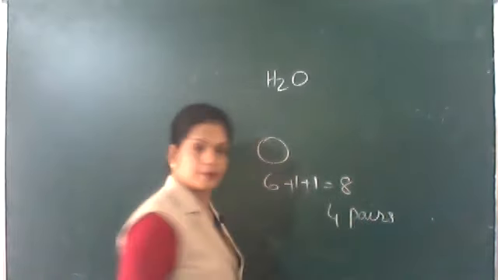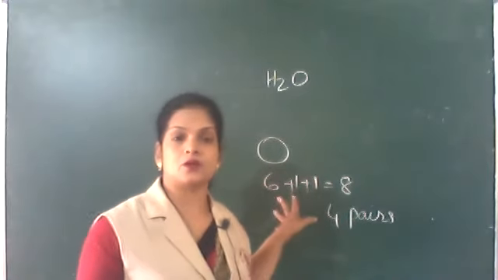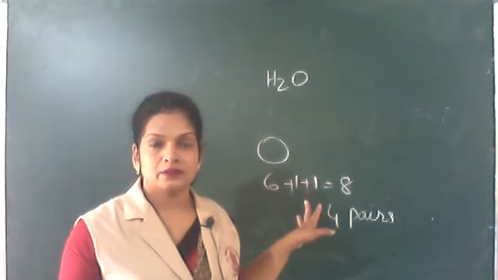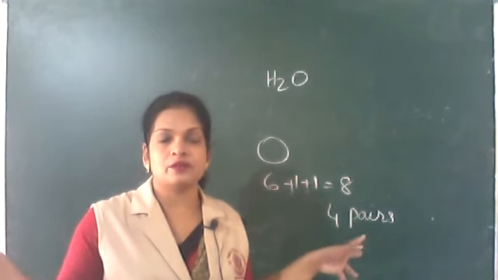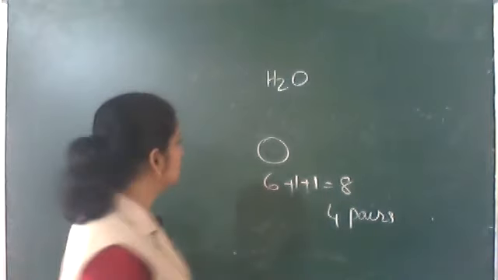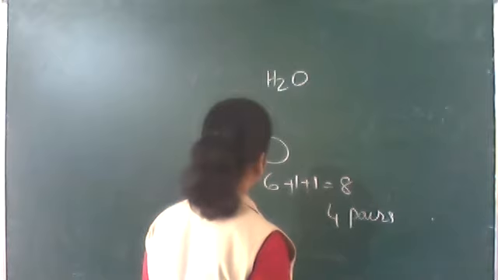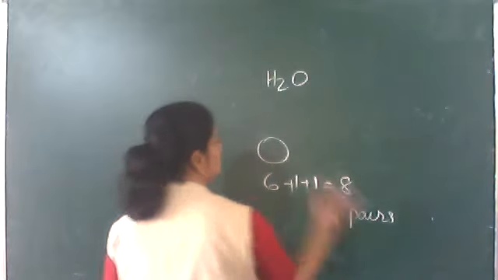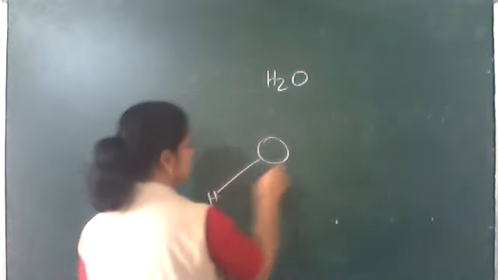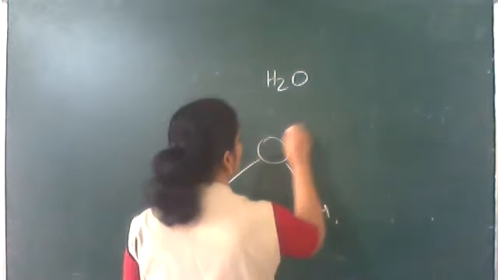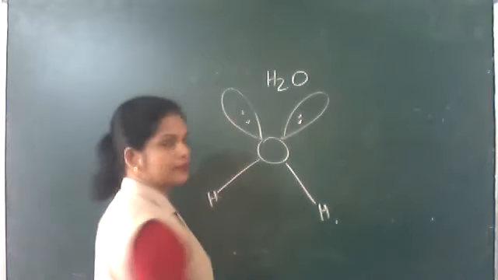These 4 pairs will be standing around this oxygen so that they stay far apart to have minimum repulsion and maximum stability. So around oxygen, 2 bonds are there: 1 bond here, 1 bond here, 1 electron pair here, 1 electron pair here.